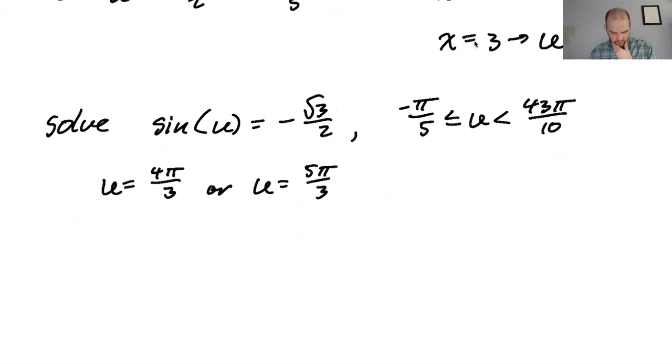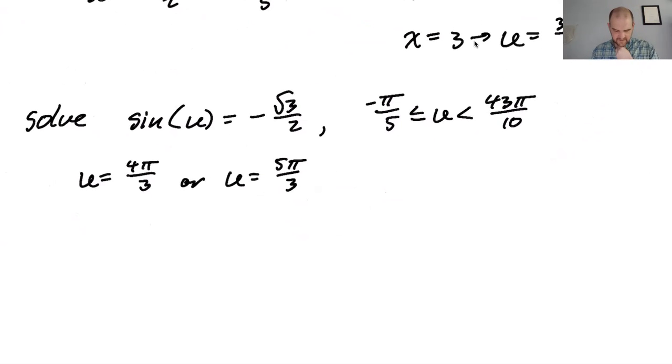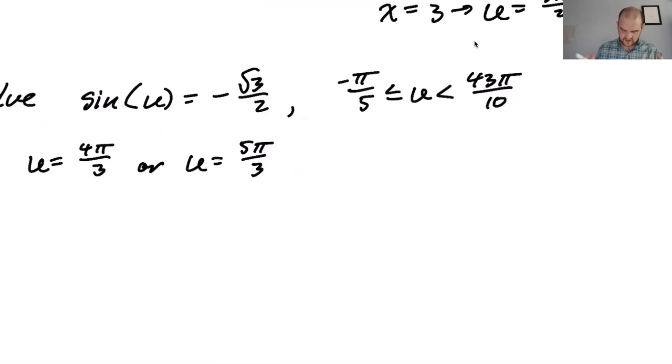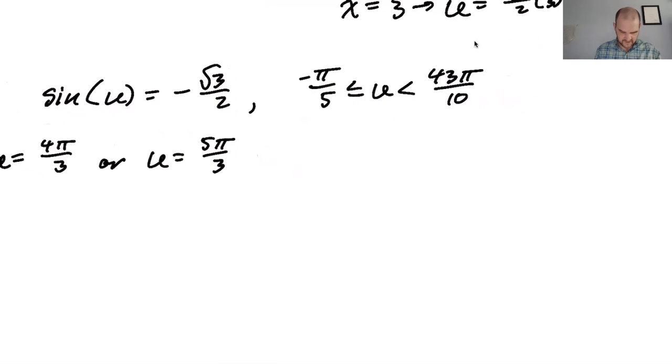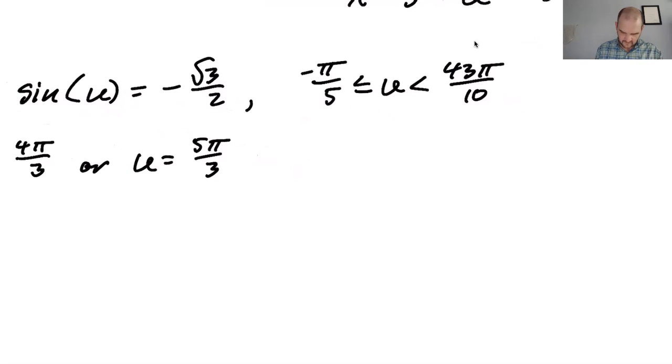So what I really want is a common denominator between 5, 10, and 3, which I'm thinking, so 5 and 10 share 5, and then there's another 2, and then there's a 3. So 2 times 3 times 5 is 6 times 5 is 30. So I think we should use 30. So really, I need negative 6 pi over 30 less than or equal to u is less than 3.